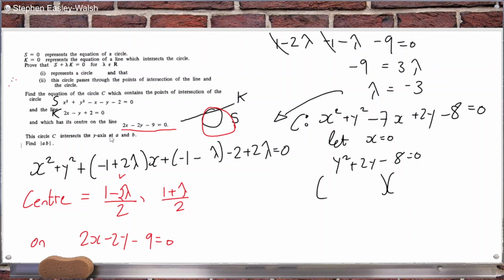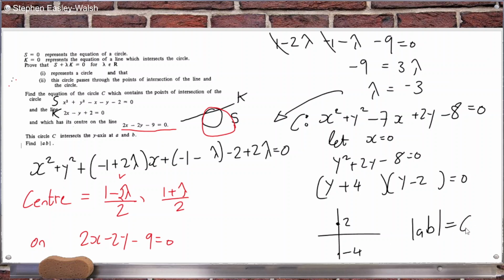Oh, it's only intersecting the y-axis, okay, at A and B. 4 and 2. y plus 4, y minus 2. So that's going to be at 2 and minus 4. So obviously the distance there is 6.